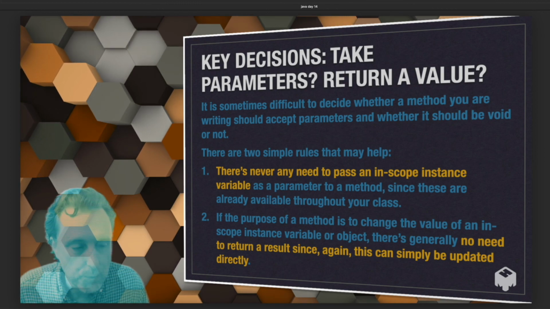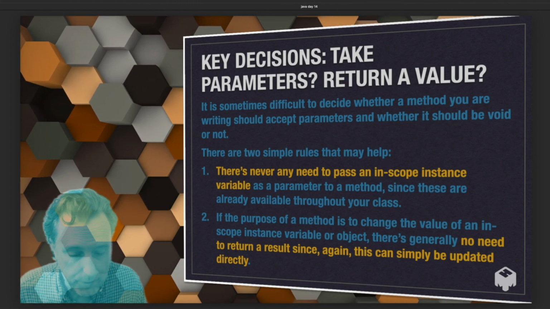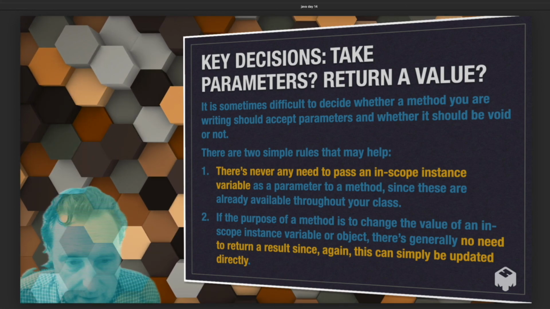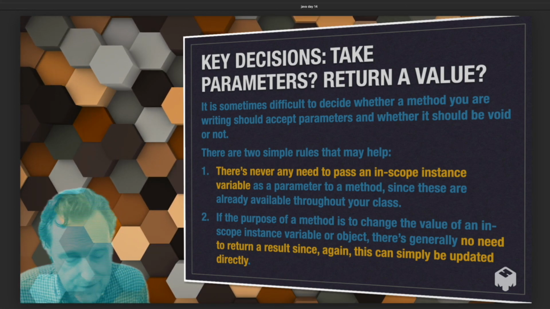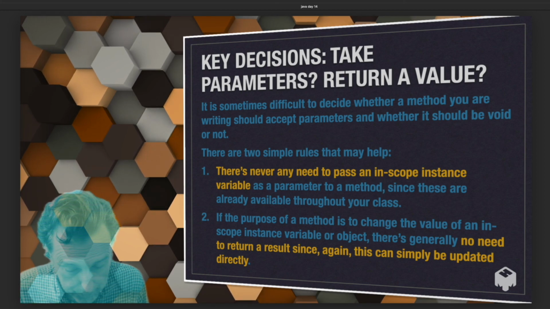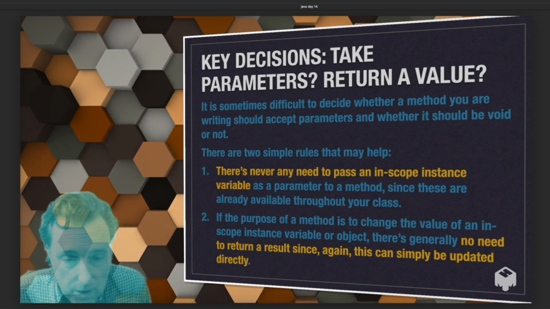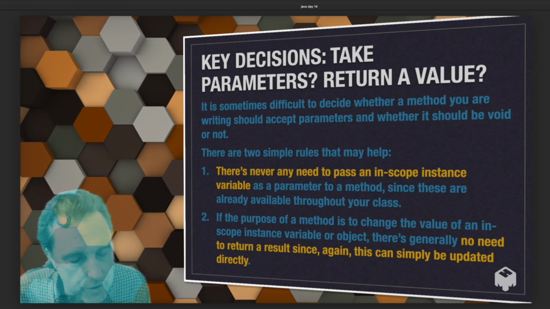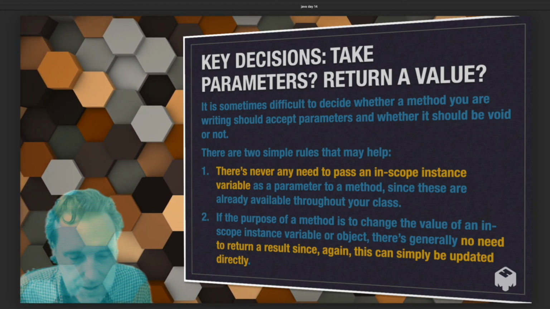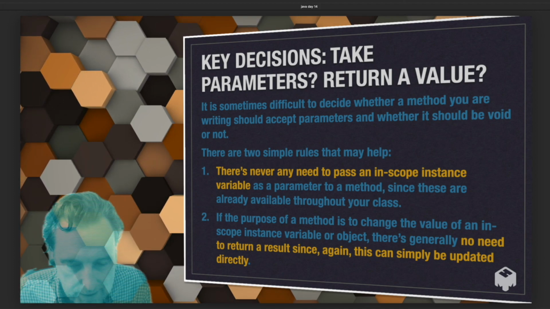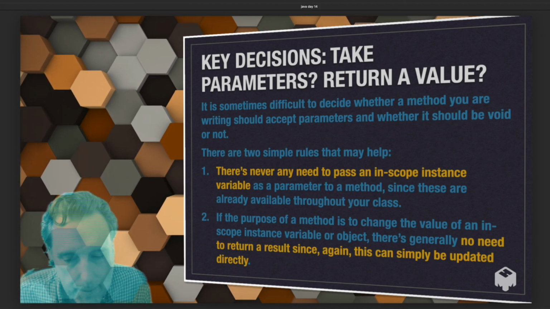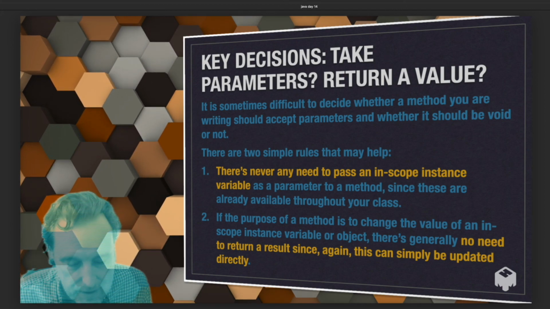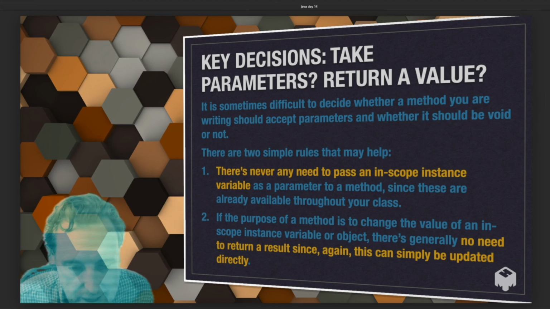So the rules are actually kind of similar. If your method's working with in-scope instance variables, you probably do not need to pass those as parameters, and you probably do not need to return those as results. If you're looking at your code that you want to turn into a method and it has variables in it that are local, that are not instance variables, then it might make sense that you'll need to pass those because you won't necessarily have easy access to them inside of the method.